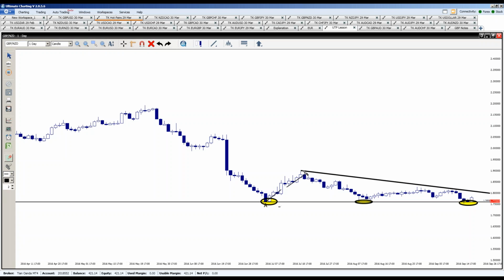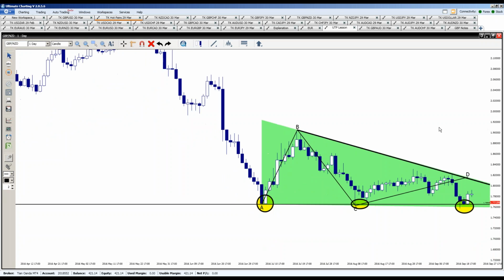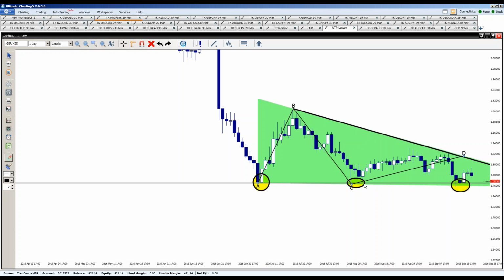You can draw it in with your triangle tool. Like that. Right. Can you see the descending triangle? Can you see the descending pennant? It's got a flat bottom and lower highs.